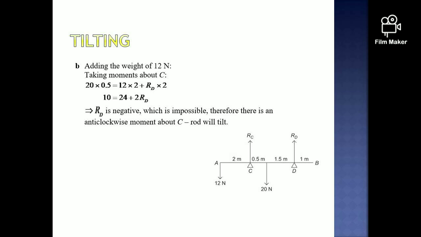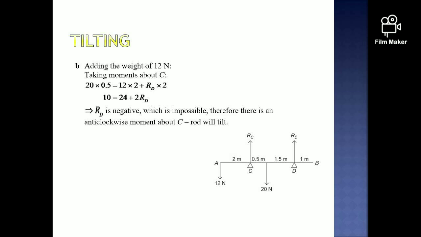Then if you add a weight of 12 newtons and consider the moments at C, you can understand that there should be one clockwise moment and two anti-clockwise moments. What is the clockwise moment? That is the moment due to the 20 newtons, the weight of the rod, which is 20 times 0.5 meters. Then what are the anti-clockwise moments?